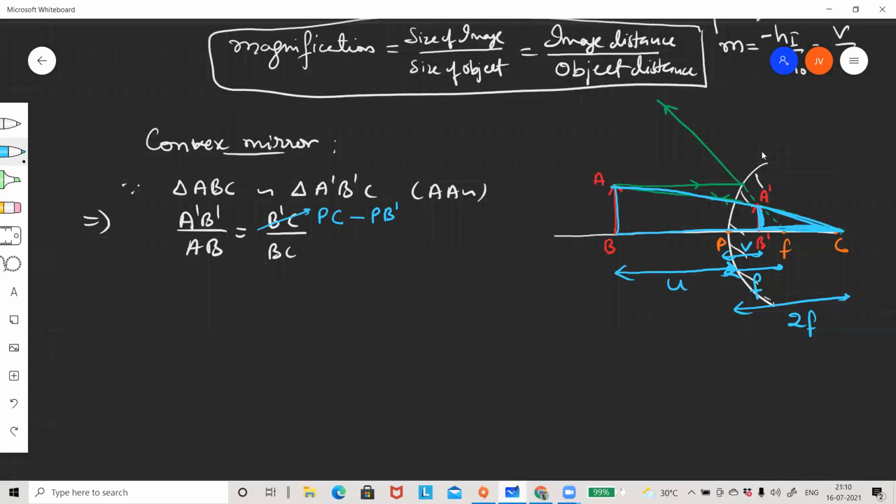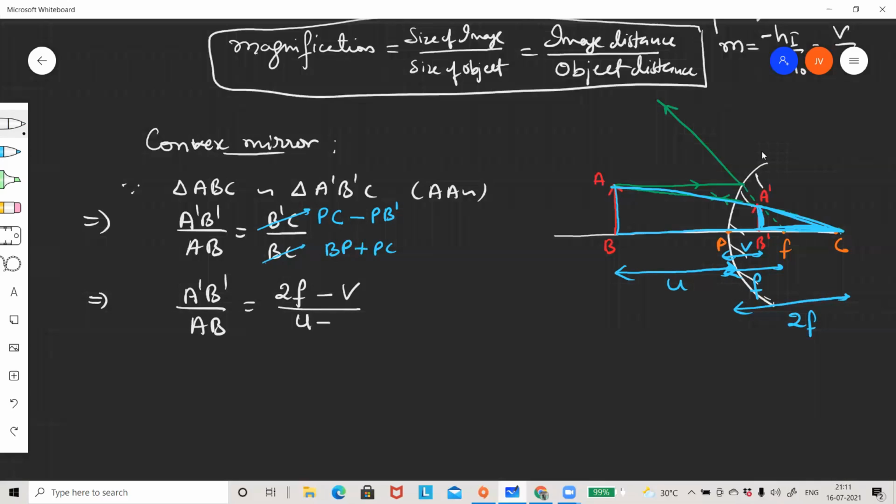That's done. And then what is BC? BC distance is BP plus, not minus this time, plus PC. So A prime B prime by AB is PC, which is twice F, minus PB prime, which is V. Done.